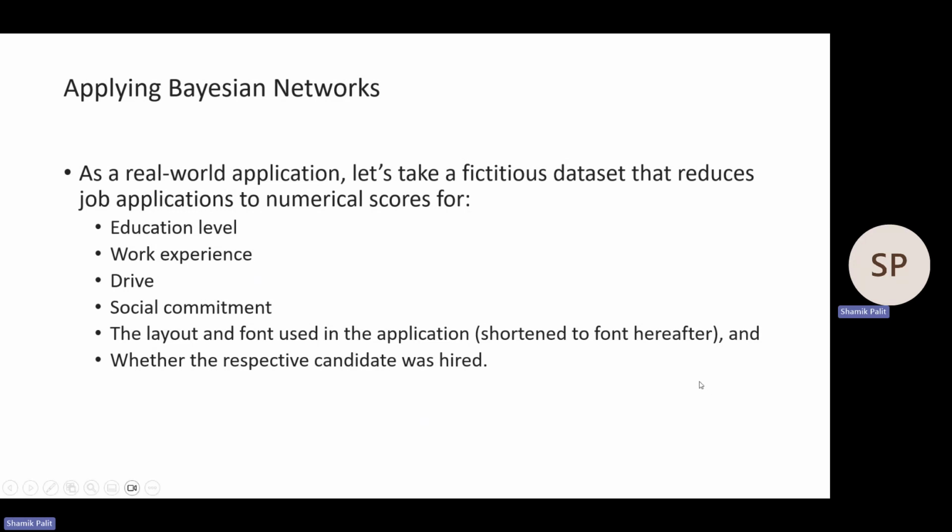And ultimately, our main aim is to find out the probability of a candidate being hired by any specific organization. So this is one scenario which can be explored with the help of Bayesian network, and we can create a machine learning model to make certain predictions based on the available situation or any specific scenario.